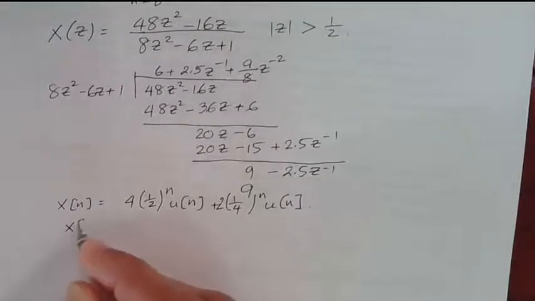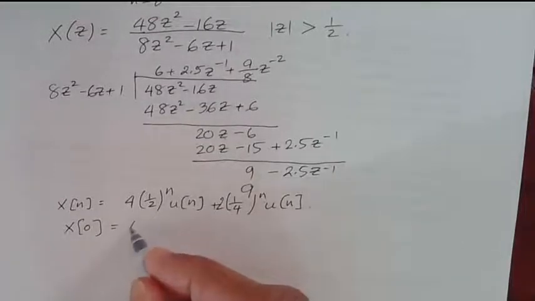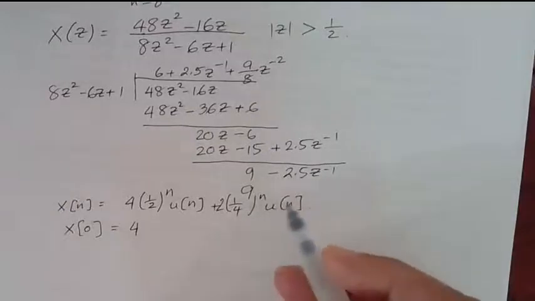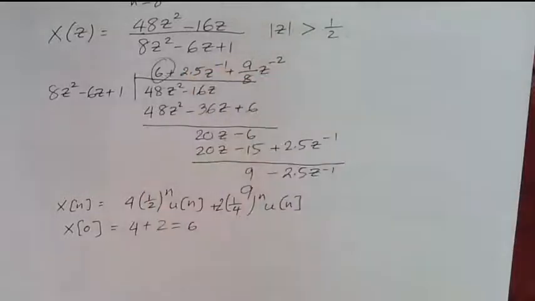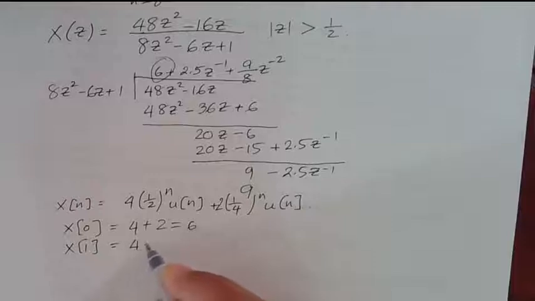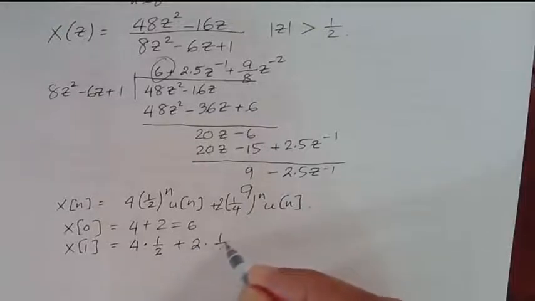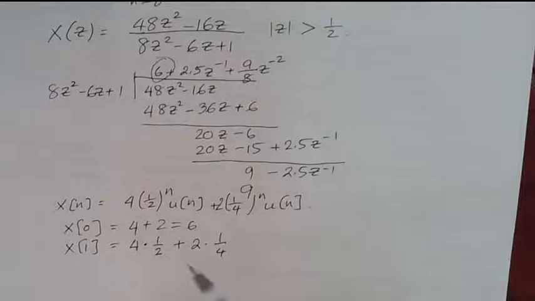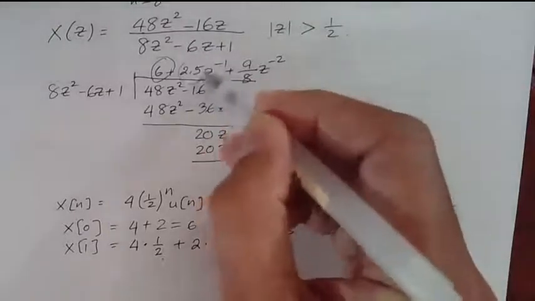So x of 0 would be 4 times 1/2 to the power 0, that's 4, plus 2 times 1/4 to the power 0 is 2, so that's 6, which is what we have. And then x of 1 is equal to 4 times 1/2 to the 1, plus 2 times 1/4 to the 1. And so that gives me 2 from here and 1/2 from here.